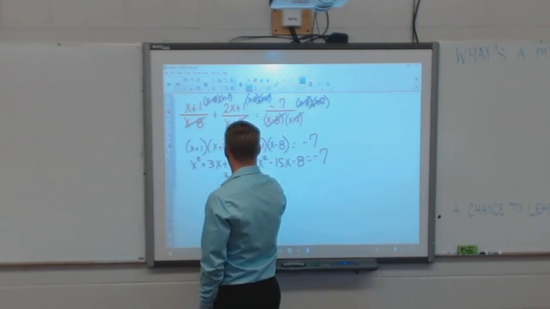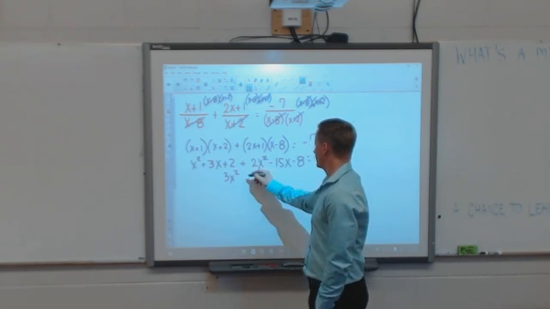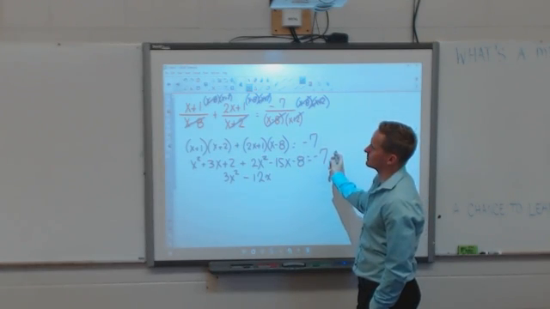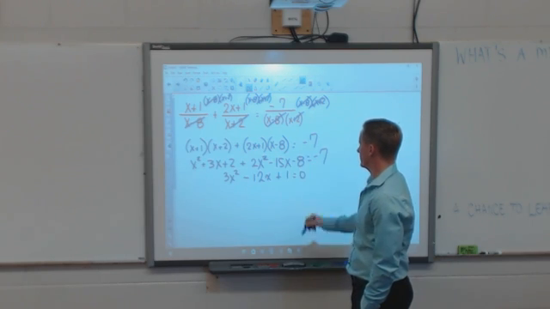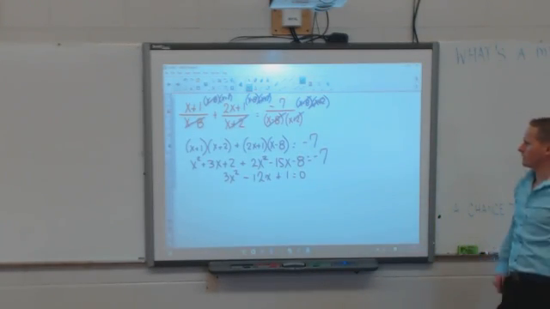Right. 3x squared. 3x and minus 15x is minus 12x, plus 2, subtract 8 is negative 6. Negative 6 add 7 plus 1 equals 0. Does that look right to everybody?